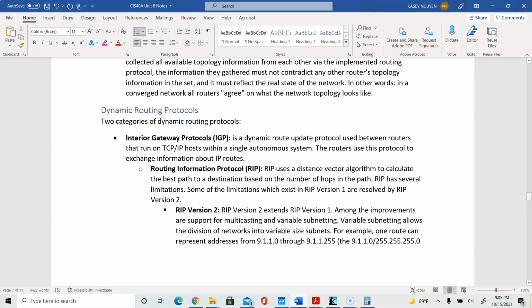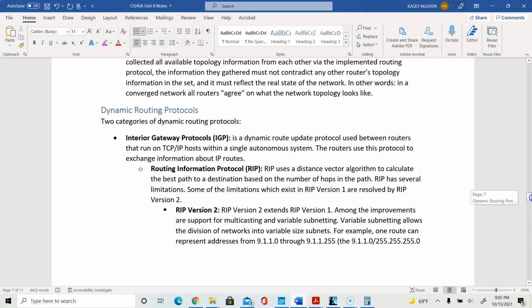information about the routes themselves. So the protocols could be RIP version 1 and 2, and RIP is a distance vector algorithm. It calculates the best path to send based on the number of hops in the path.